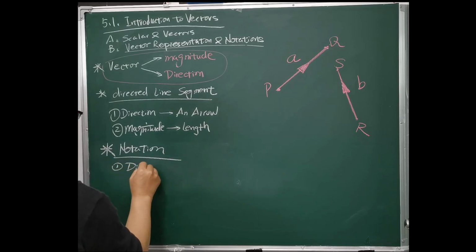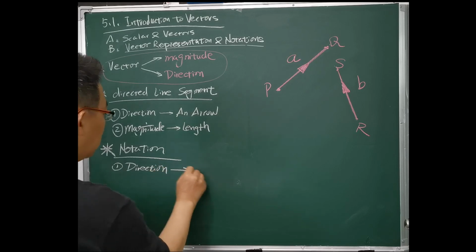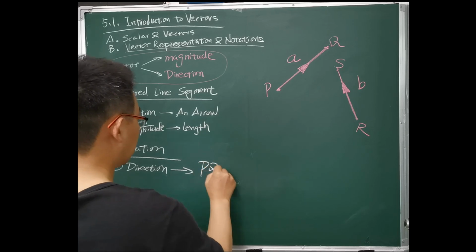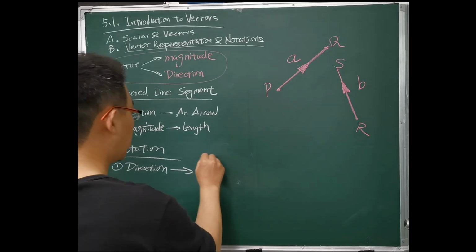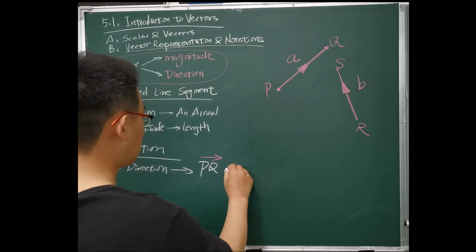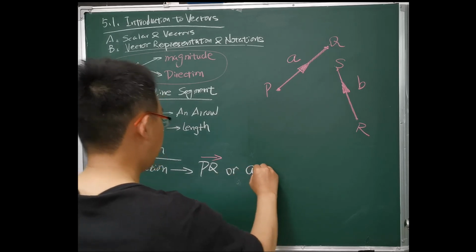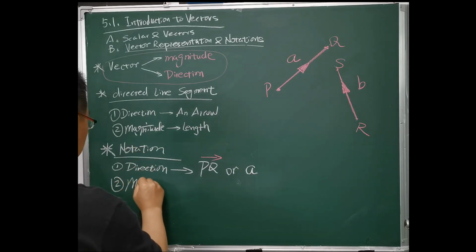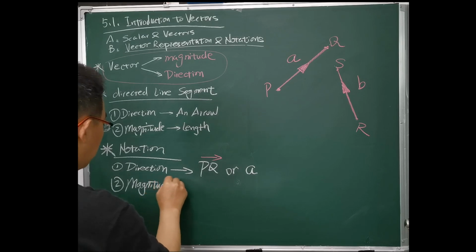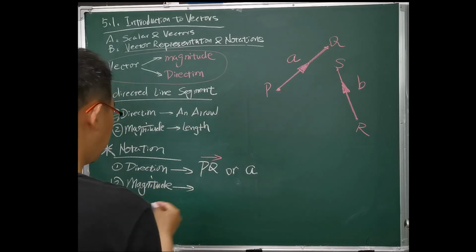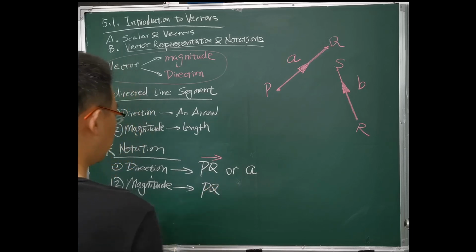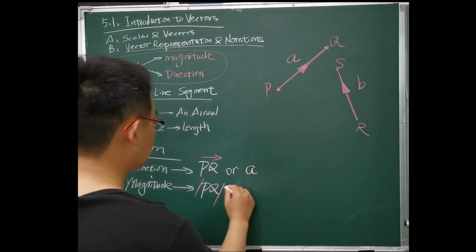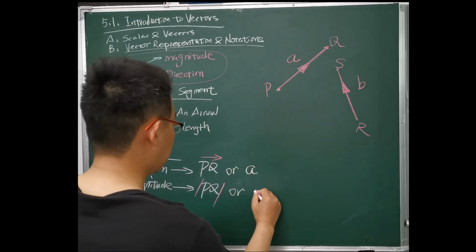For directions, you can draw it this way. From P to Q, we draw an arrow on top, or sometimes we just say A. The next one is the magnitude. Then we write it this way to represent this vector, or sometimes we write it in this way.